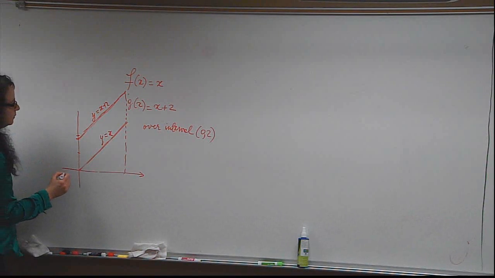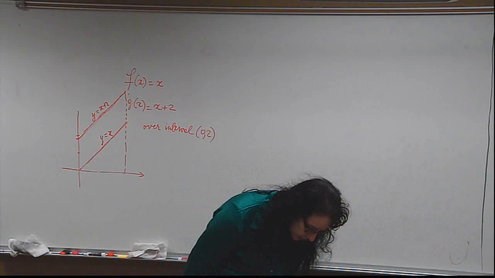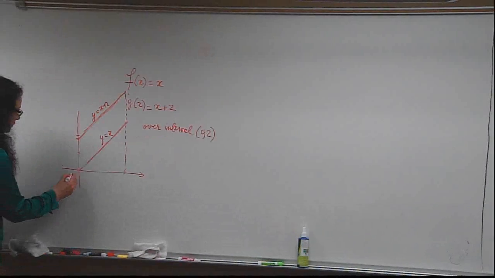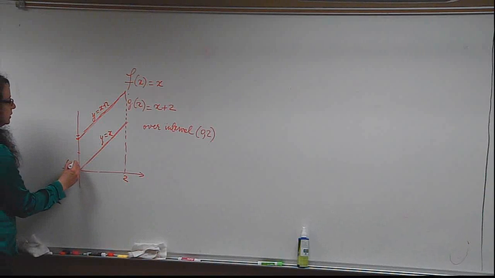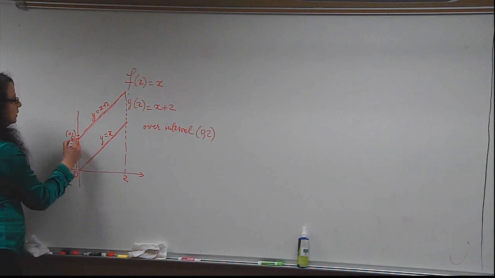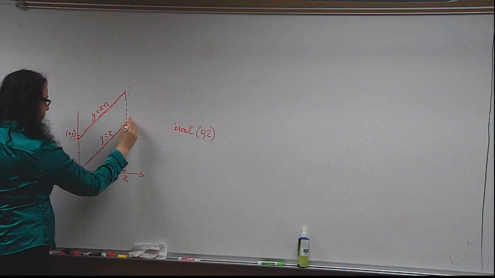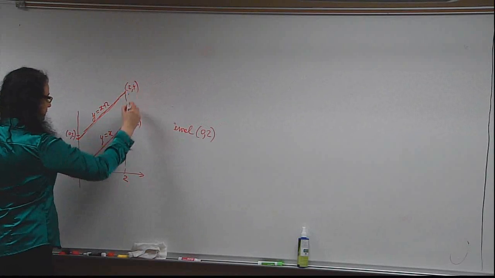So you have x between, did they say x has to be between 0 and 2? So this is the point (0, 0). This is the point (0, 2). This is the point (2, 2). And this is the point (2, 4).